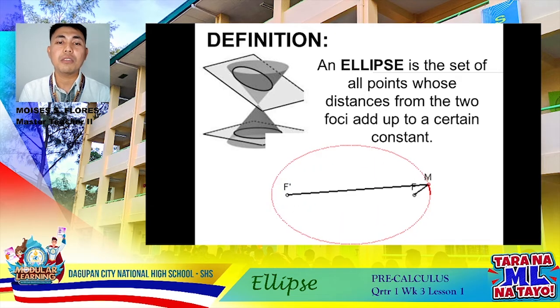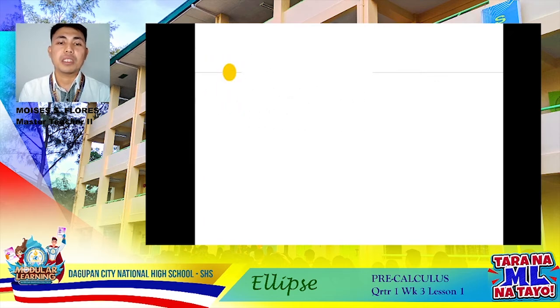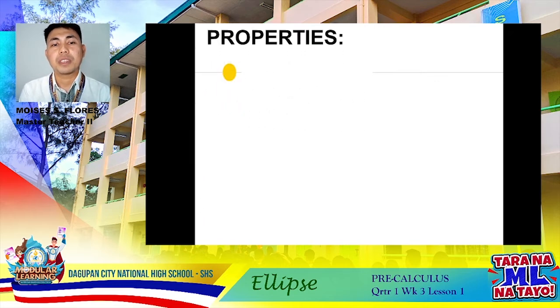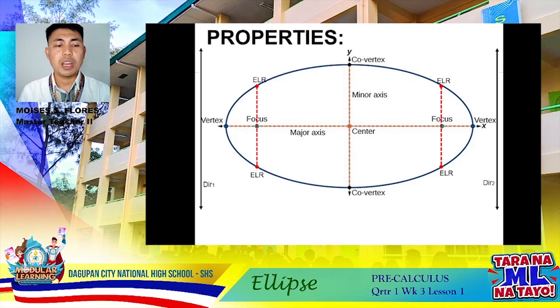Let's take a look at the other properties of an ellipse. The curve of an ellipse intersects the major axis at two points. What are these two points? We have the two vertices, usually denoted by V and V prime, or V sub 1 and V sub 2.